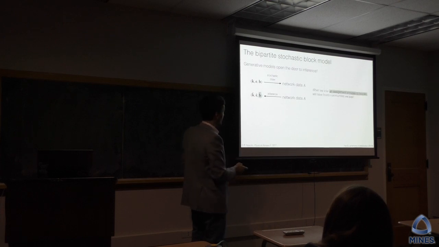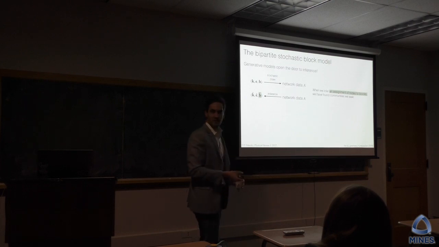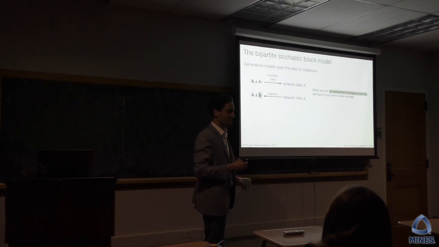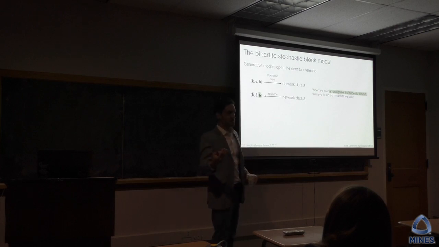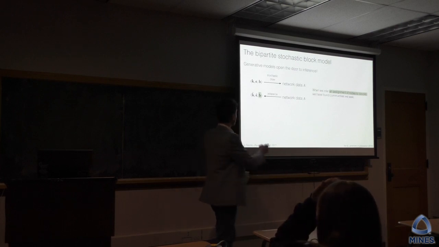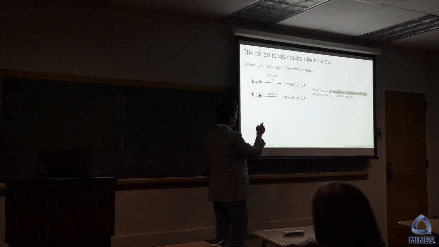And the key here is that when we infer the assignment of nodes to blocks, that's this vector b, we found the communities that we seek. We found a partition of the nodes into groups. So inference of the microcanonical stochastic block model is equivalent to community detection. And we happen to get the edge connectivity matrix and the degrees as well.